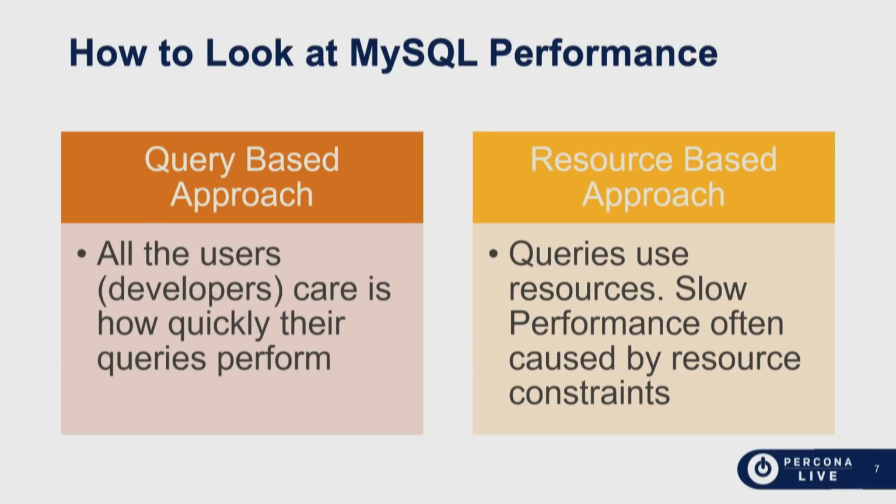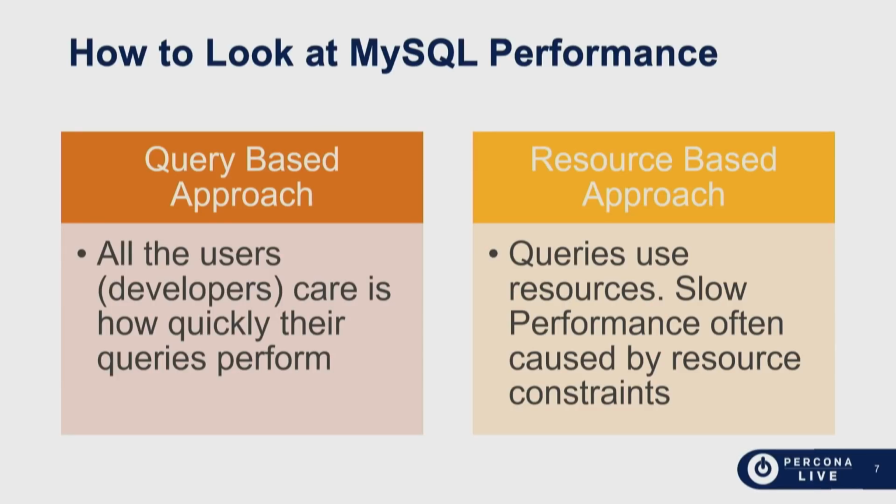And then another approach is a resource-based approach. Because you can think that in the end, we have hardware resources, and whatever workload you push on MySQL is going to use those resources. By understanding how resource utilization and saturation happen, you can often make overall optimizations.